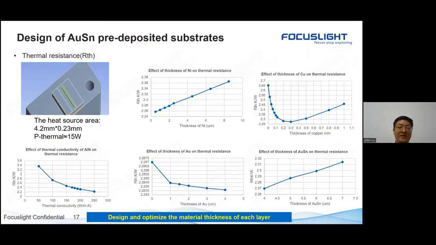So we need to find a cost-effective point for the thermal conductivity of aluminum nitride.